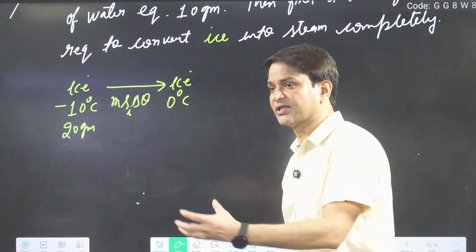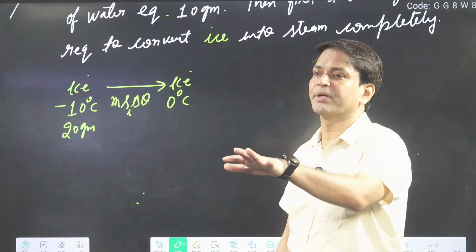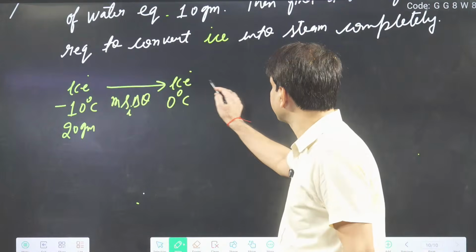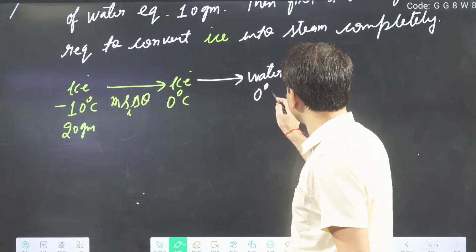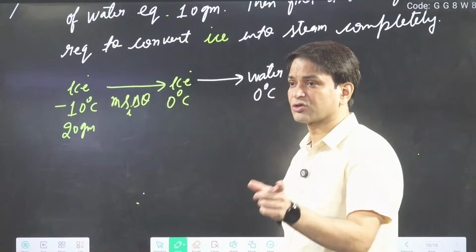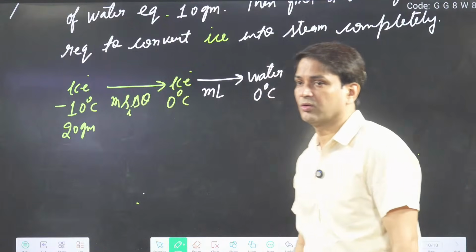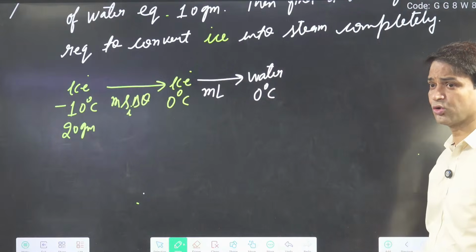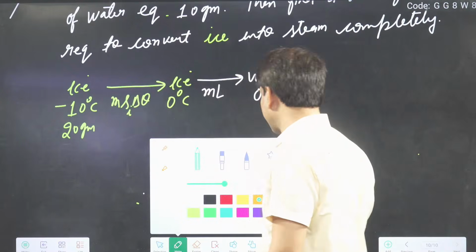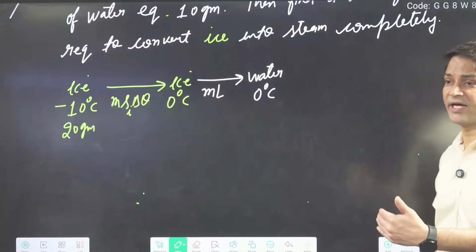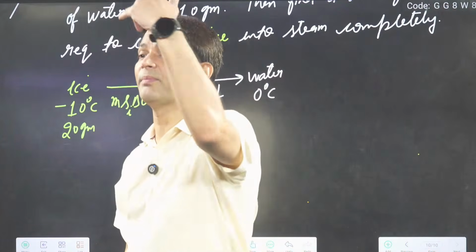If I am still giving heat, then the ice will start melting, and during melting the temperature will not change. So ice at 0 degrees C will convert into water at 0 degrees C. Temperature does not change, only state change. For state change, the heat we write is mL. Now I have water at 0 degrees C. Still I am giving heat, the temperature of water will start rising and go up to the boiling point.